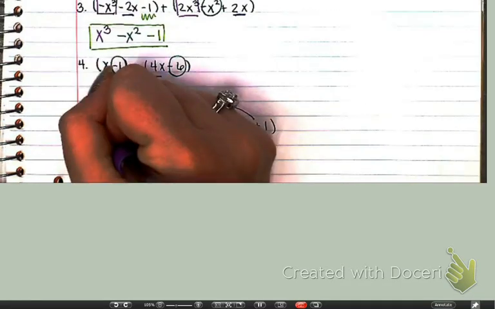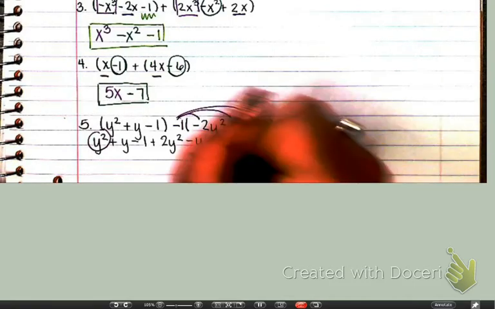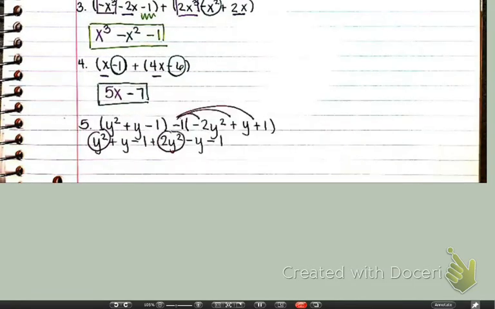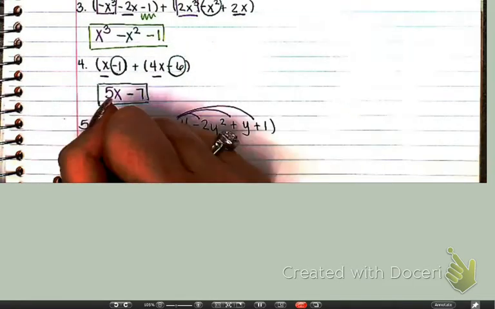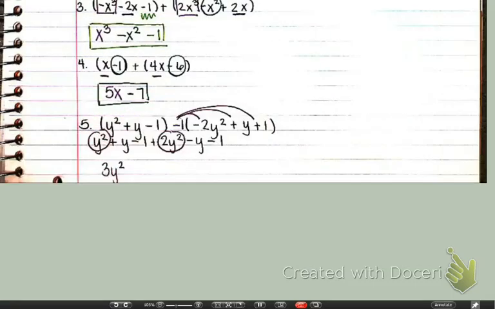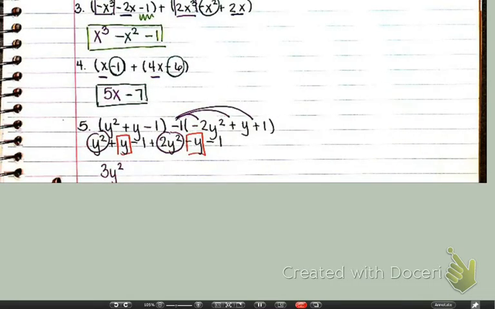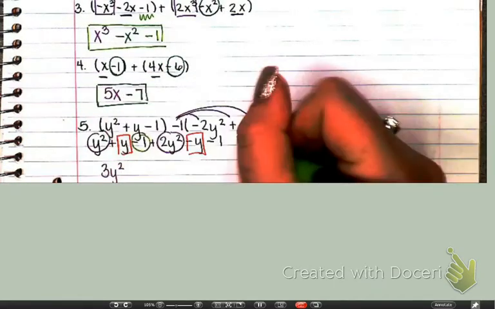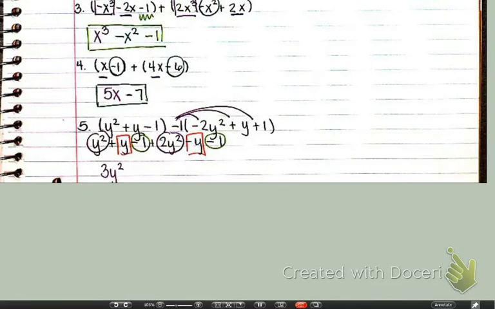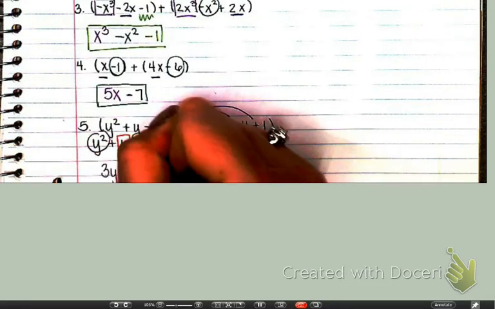Y squared. So I have a y squared plus 2y squared for a total of 3y squared. Next is y. I have y minus y, which is 0, right? 1y minus y is 0. And then -1 minus 1, -2.